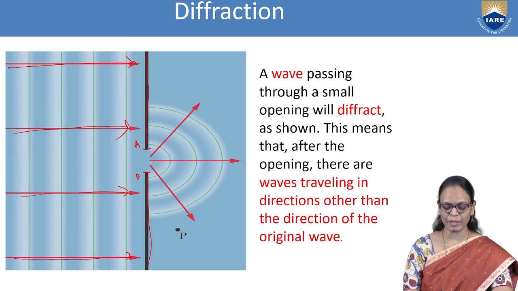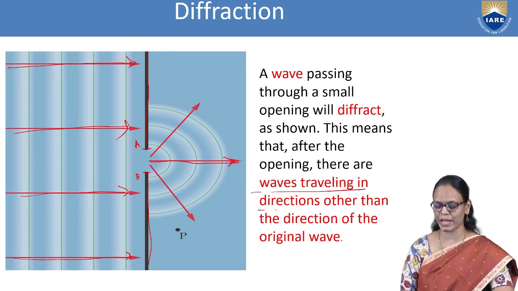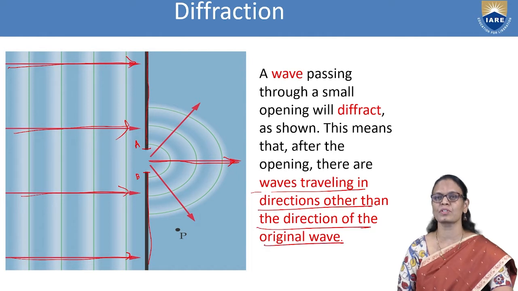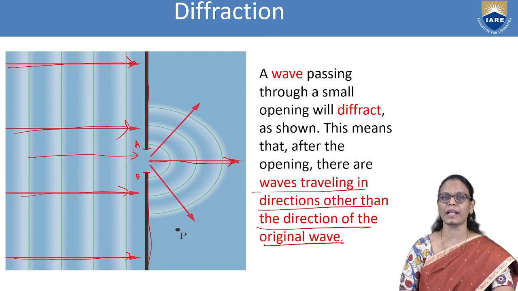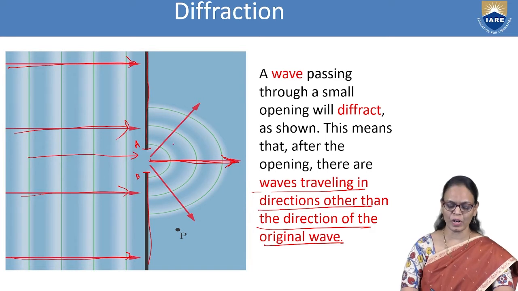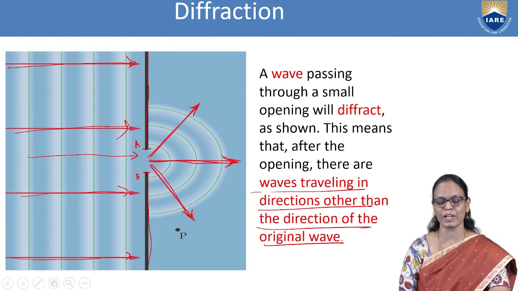So when the light passes through the opening, what we see is waves traveling in directions other than the direction of the original wave. So what is the direction of the original wave? This is the direction of the original wave. So we have waves in this direction, and in addition to this, we also have waves traveling in directions other than the original wave.